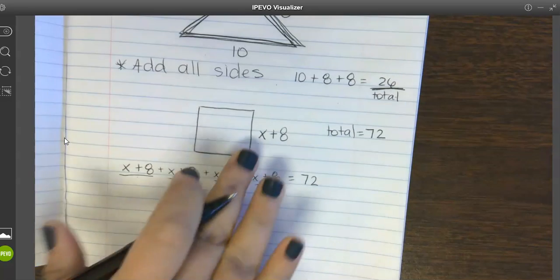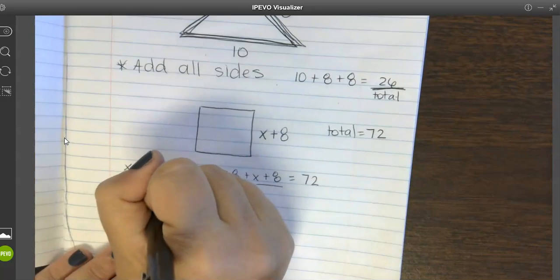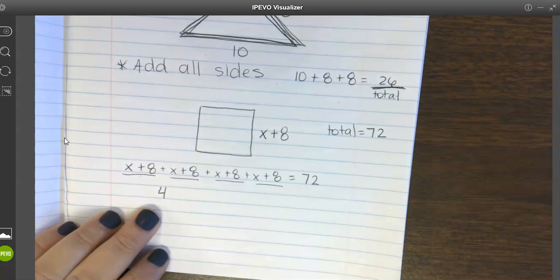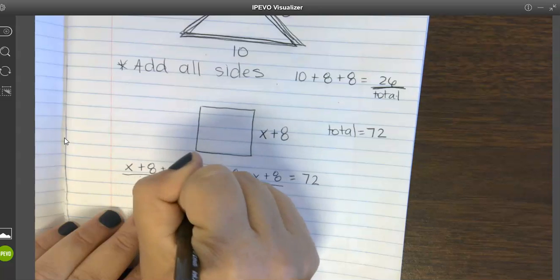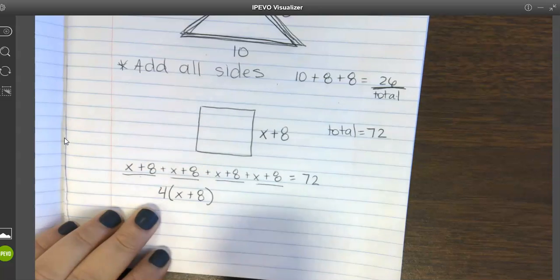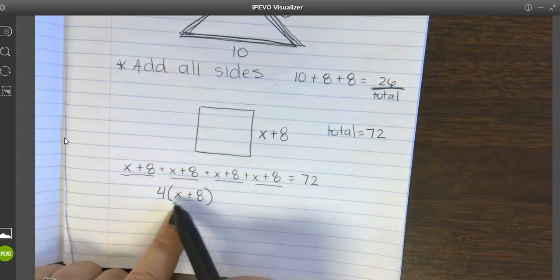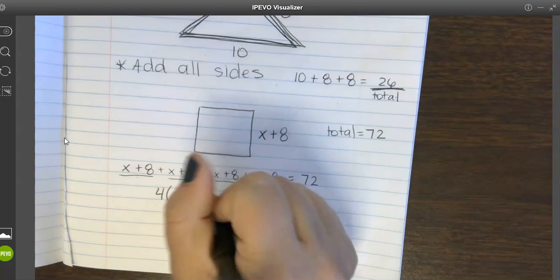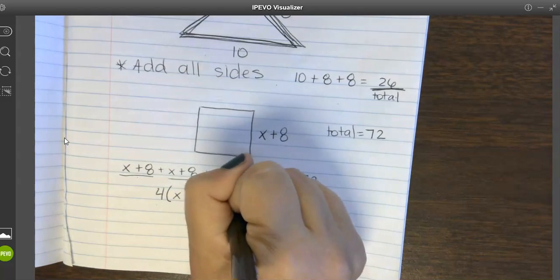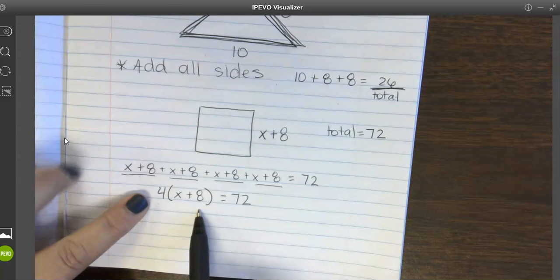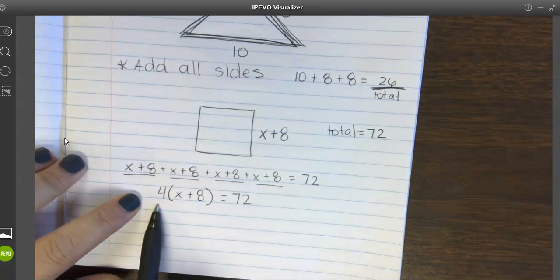Now, since this is a square and all 4 sides are the same, I could also say those 4 sides times x plus 8. Okay, so I can take the one side and multiply it by 4. This would equal still 72. This is another equation that could help me solve.